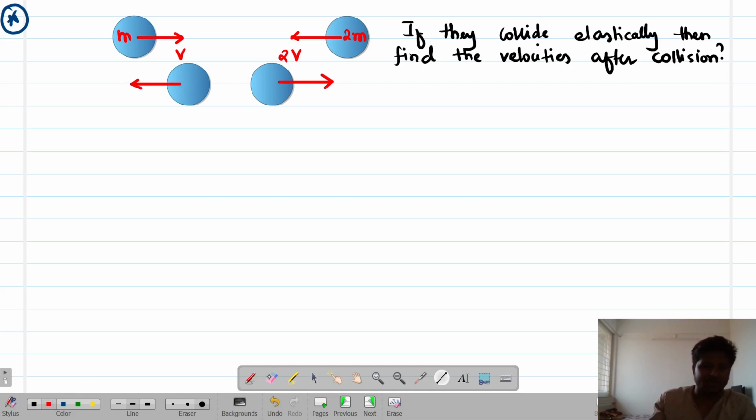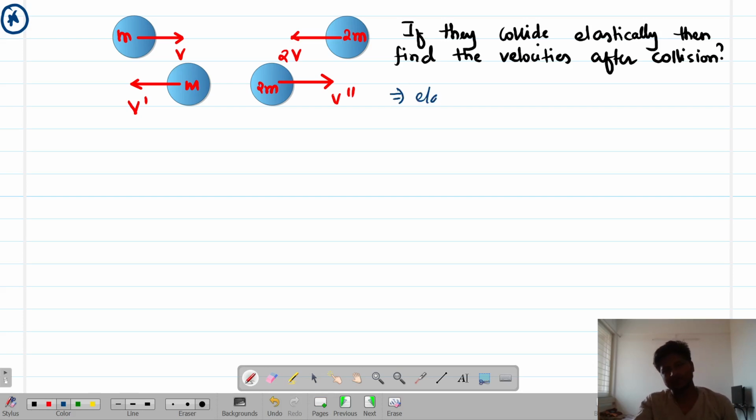I'm just taking a random direction. This is velocity v dash, and this is velocity v double dash.